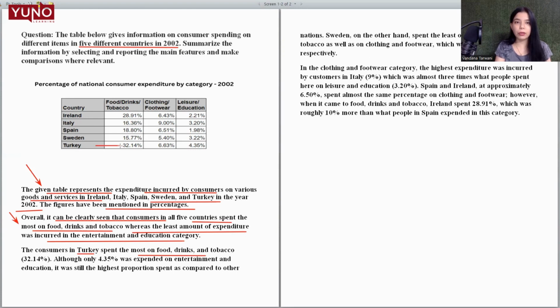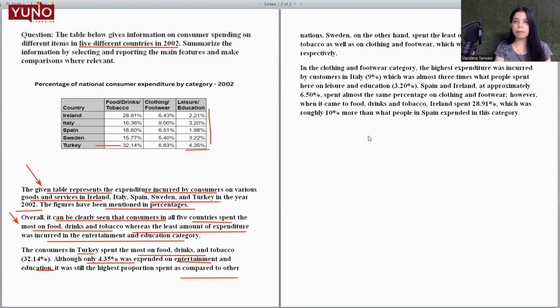And then we are saying, although only 4.35% was expended on entertainment and education, it was still the highest proportion spent as compared to other nations. So Turkey spent just a little bit, 4.35%, on the leisure and education category, but it was still the highest amount as compared to other nations. So this is how you compare and contrast.